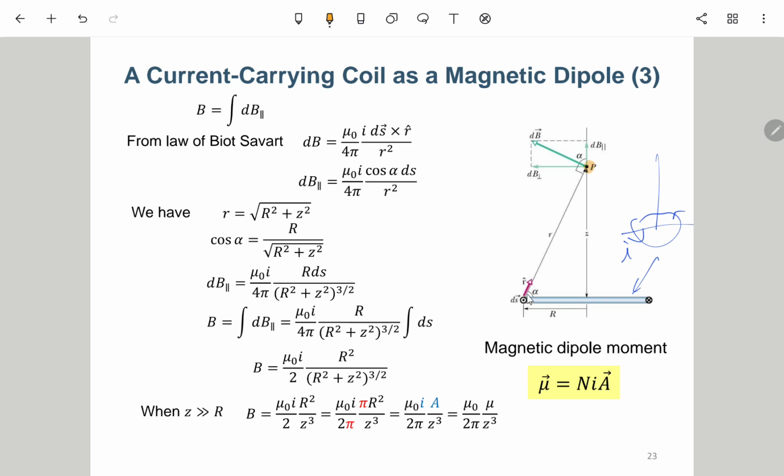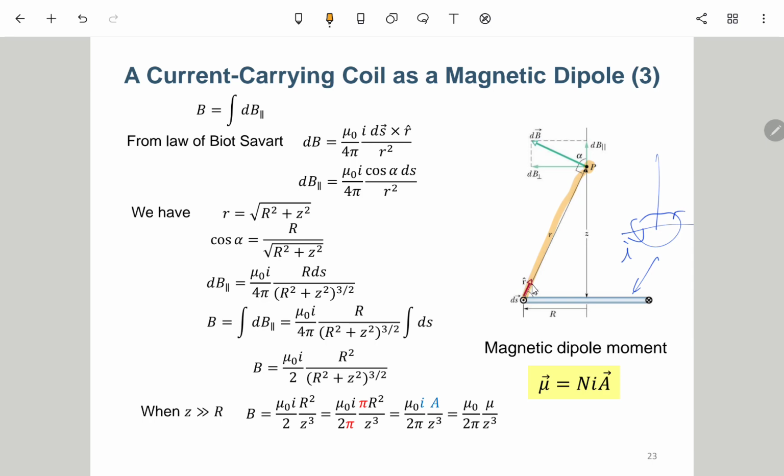This current is going out of the page, so ds is also going out of the page, and r starts from this segment to the point we are concerned with. So this whole line is the r, and r hat is the unit vector pointing to this upper right direction.